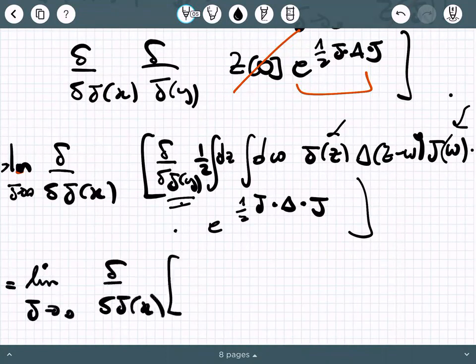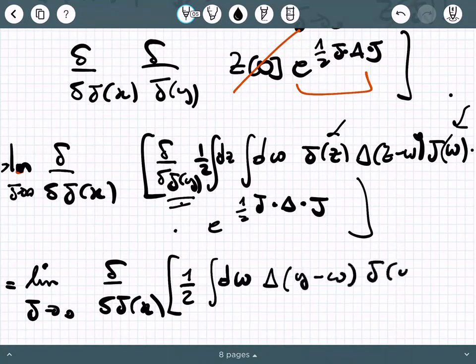I'm going to be very, very pedantic for once. 1/2 integral in dw, delta of y minus w, j of w. I've canceled this j and put a delta function instead.